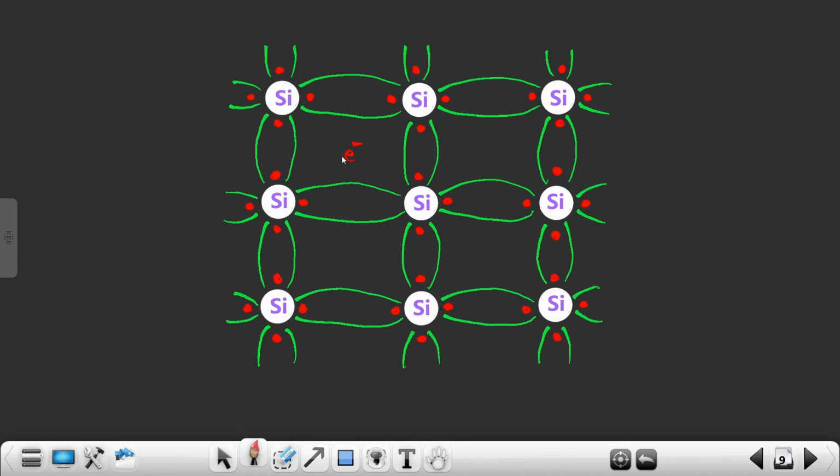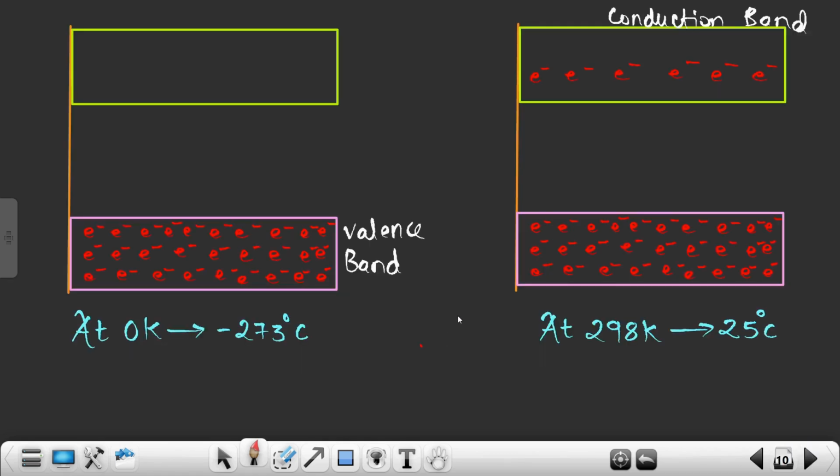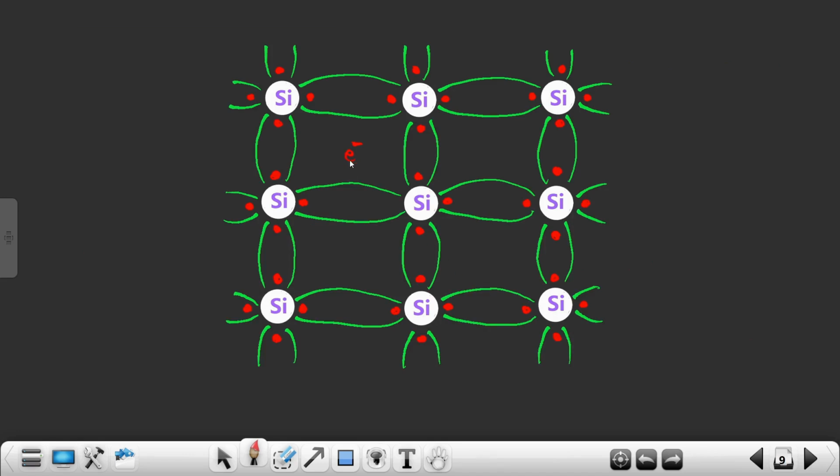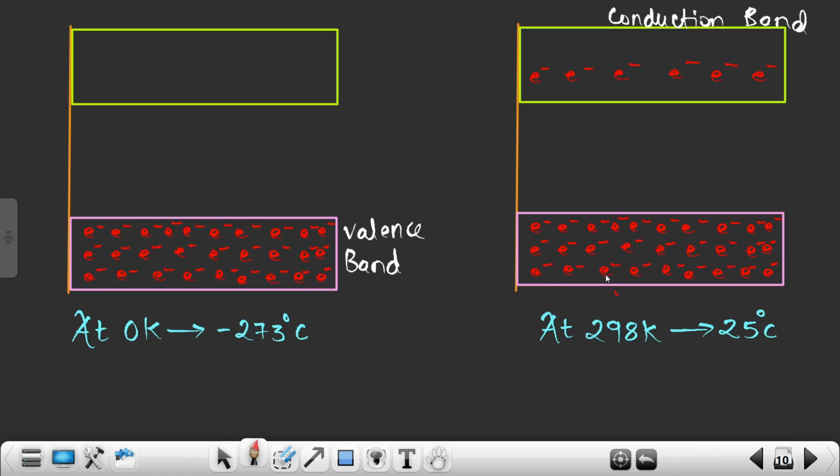I hope you are able to understand this particular point, okay. So that means this particular electron which was present over here moved out, right? So basically this particular electron is moving from the valence band to the conduction band, okay.